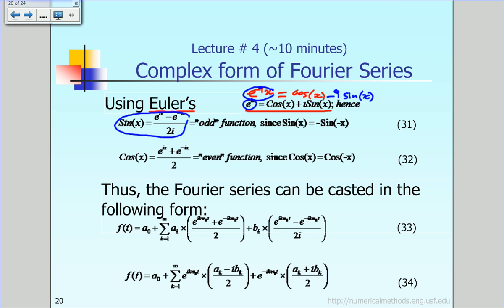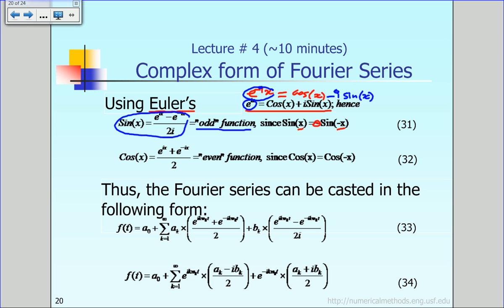And this function is an odd function, because when we replace x with minus x, the answer is the negative of the other answer. That's why this is the odd function.